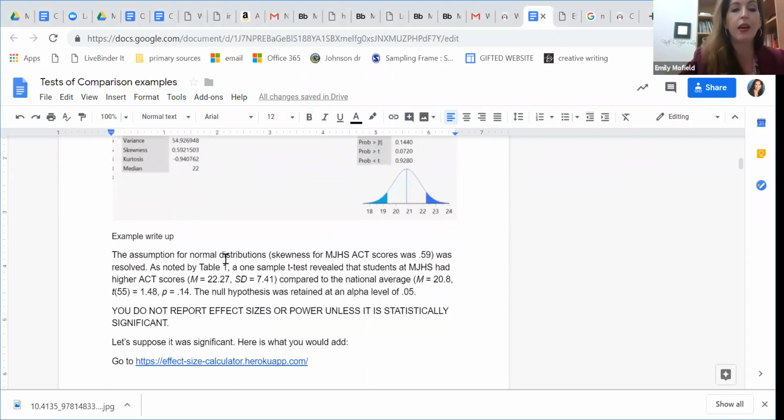You really don't need a table here, but I have it in here so you would know how to set it up in APA. If it's just one small finding from one t-test, you really don't need a table. But in your narrative, you would say a one sample t-test revealed that students at Mount Juliet High School had higher ACTs. Actually, let me correct that, they did not have higher scores.